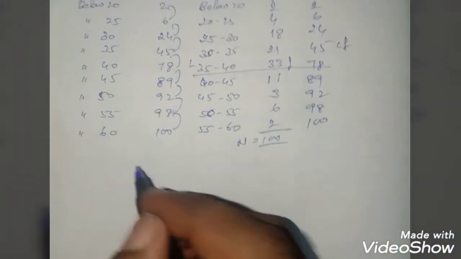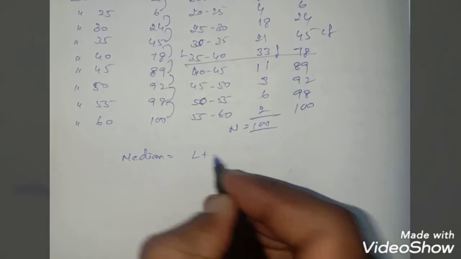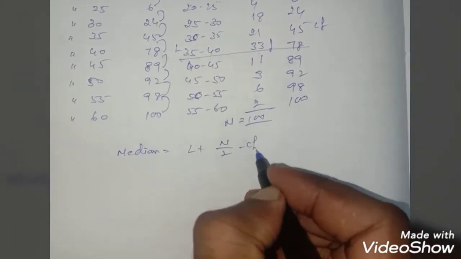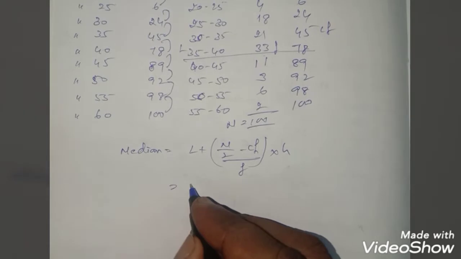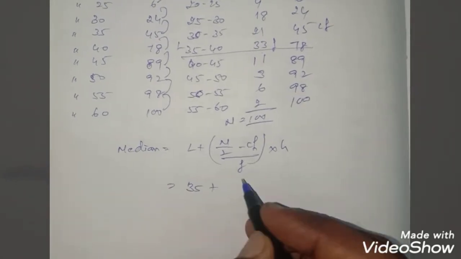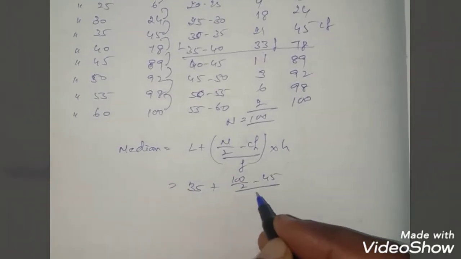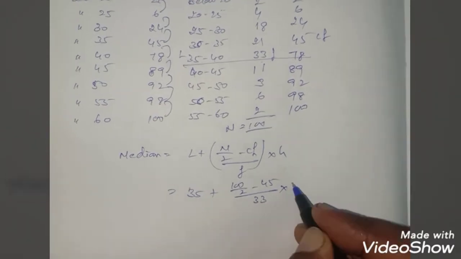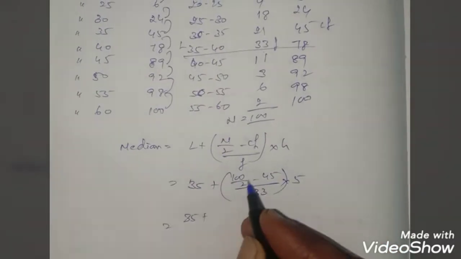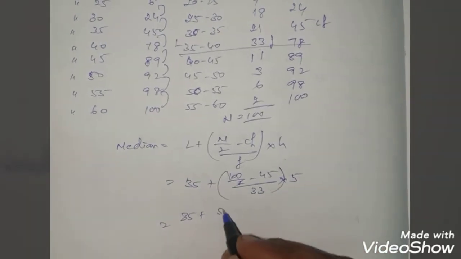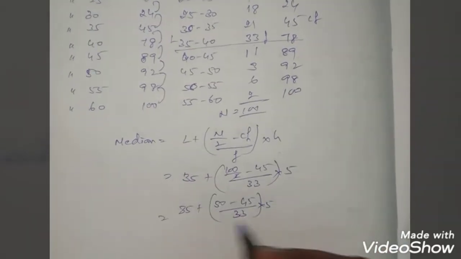Now substitute in your formula, that is median is equal to L plus N by 2 minus CF by F into H. Now L value is 35 plus N is 100 by 2 minus 45 divided by 33 into H. H is 5. Now you will get 35 plus 50 minus 45 by 33 into 5.